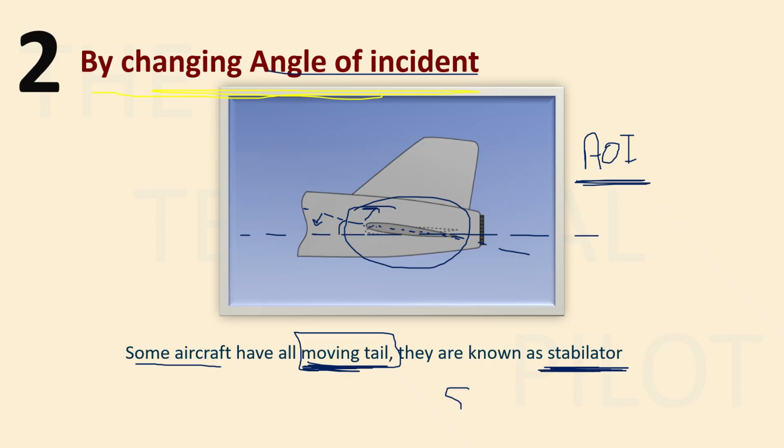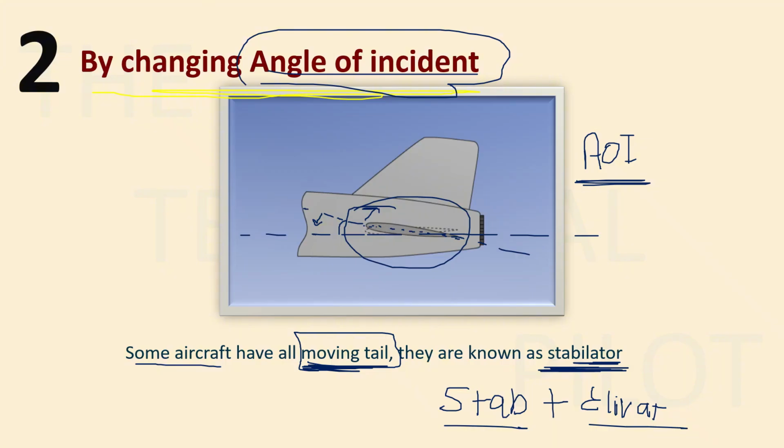Because they are a combination of your horizontal stabilizer plus your elevator, as the name suggests, stabilator, right? They function as both your stabilizer and elevator. So the whole tail plane is moving, and hence the aircraft is changing angle of incidence, and hence you are able to move the aircraft in a variety of axes, right? So this is your second method of controlling the aircraft.